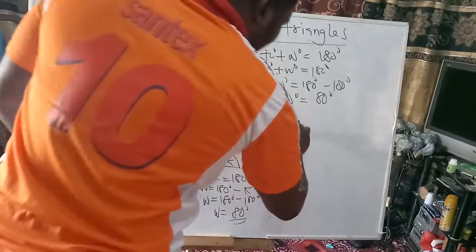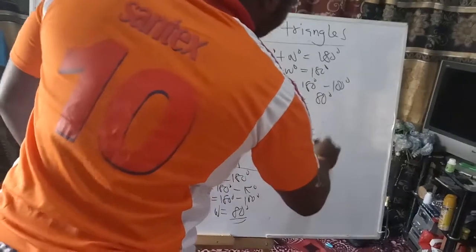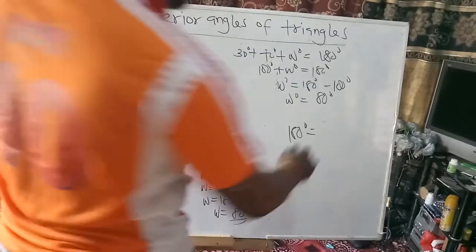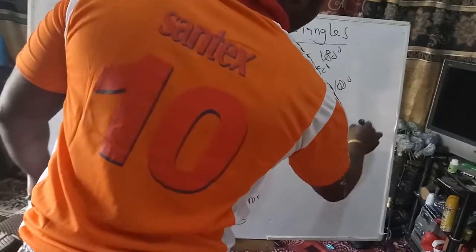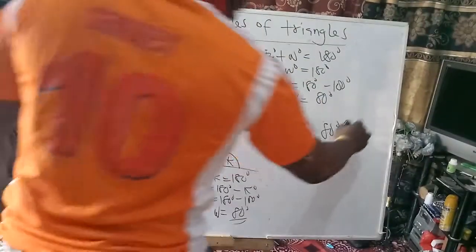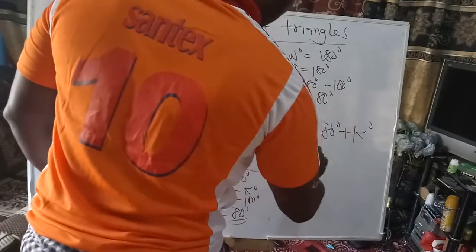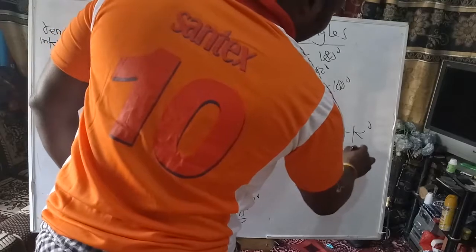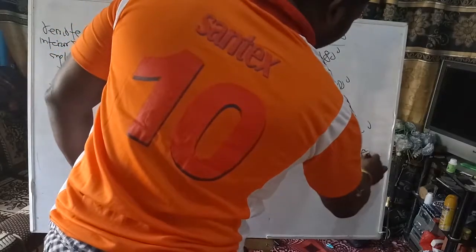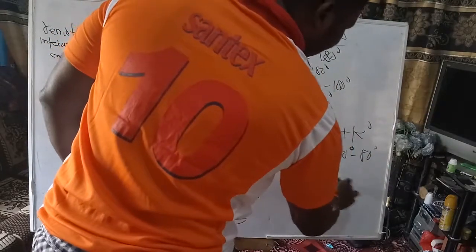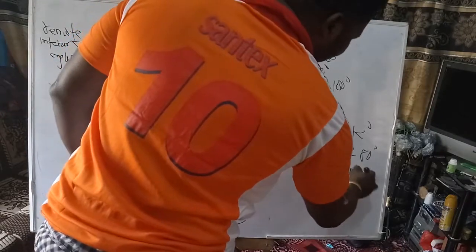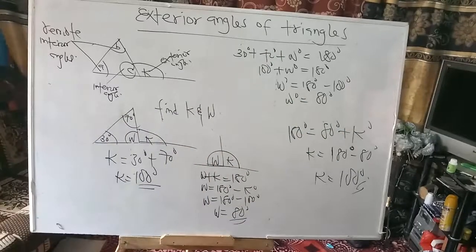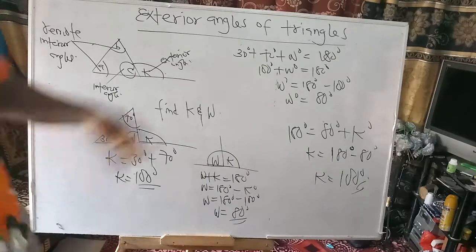So 180 degrees is equal to W, which is 80 degrees, plus K degrees. So K would be equal to 180 degrees minus 80 degrees. So K in degrees will be equal to 100 degrees.